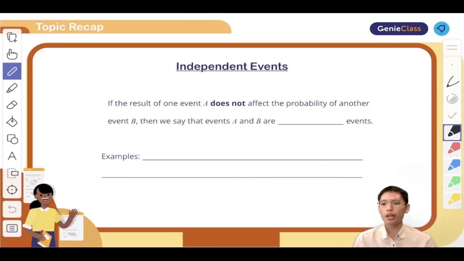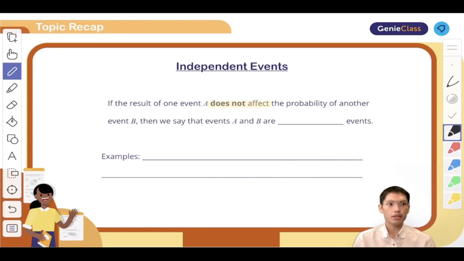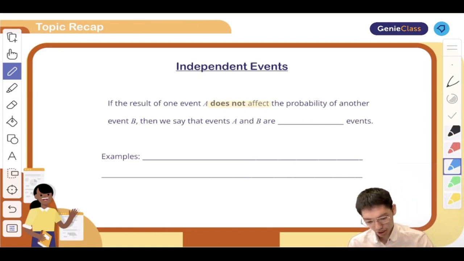Following up, we have this thing called independent events. If the result of A does not affect the probability of another event, we say that A and B are independent events.